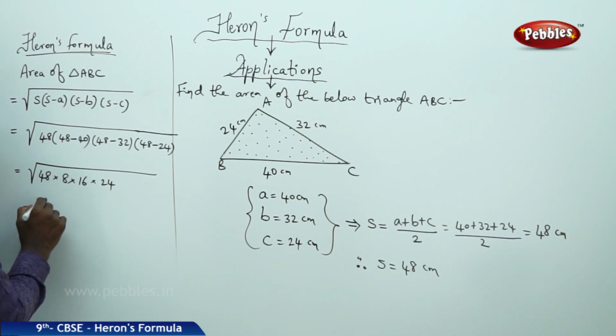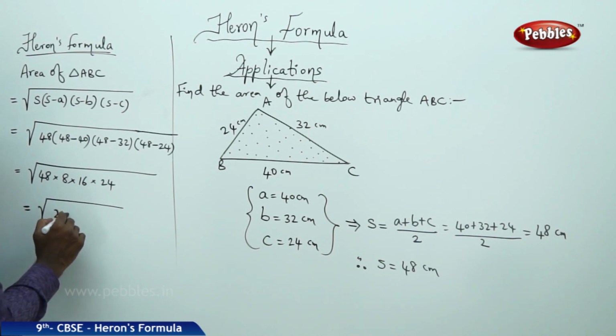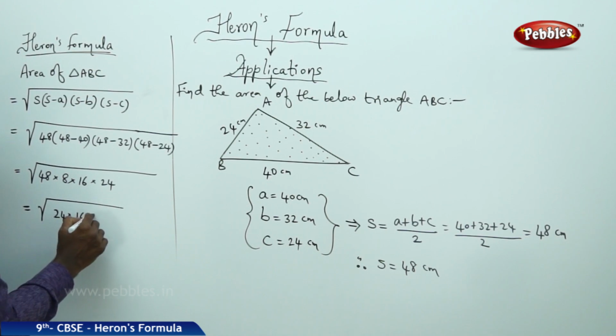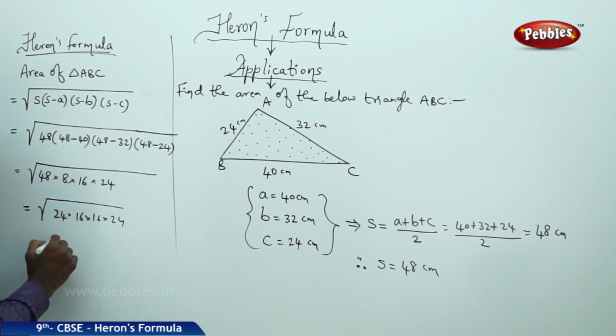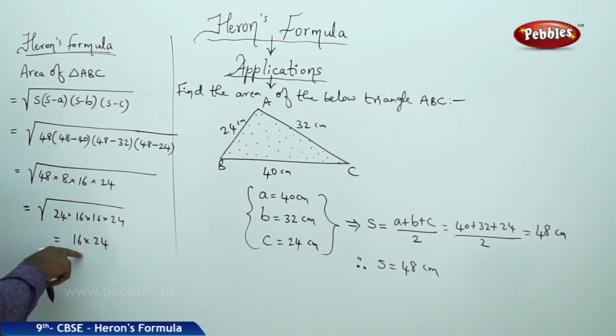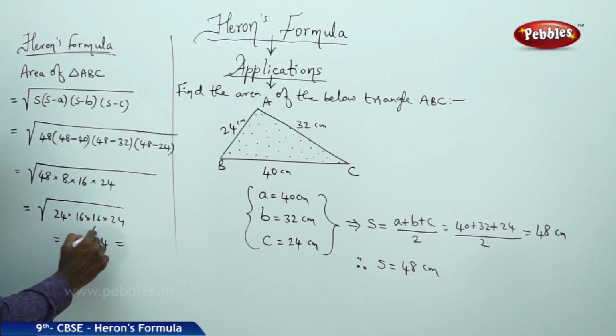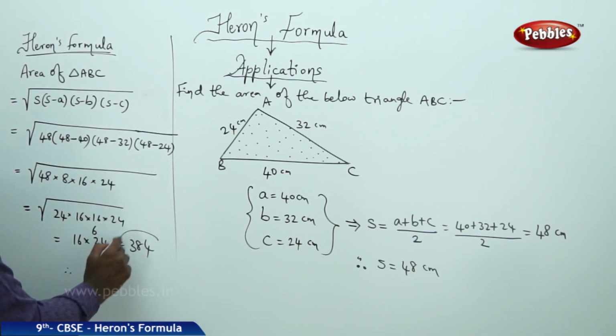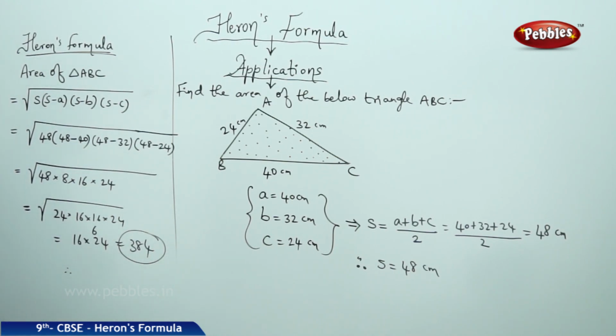So this on further multiplication gives 24, 16, 16, 24, which on multiplication gives 16 times 24, because root of this multiplies once to give this. Therefore, I get my area, which is 384 centimeters squared.